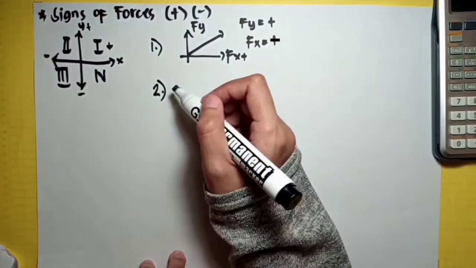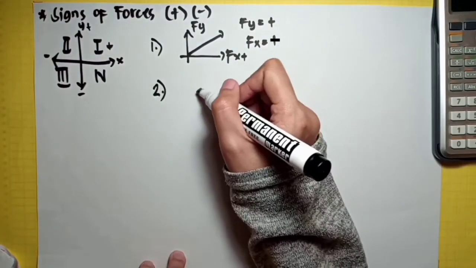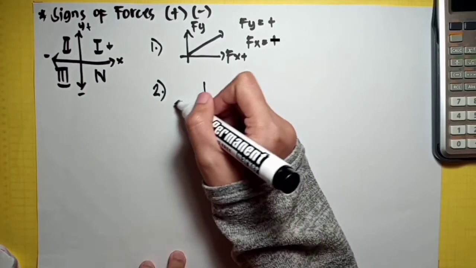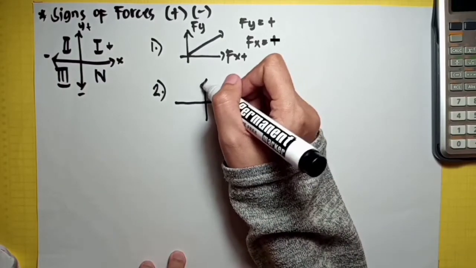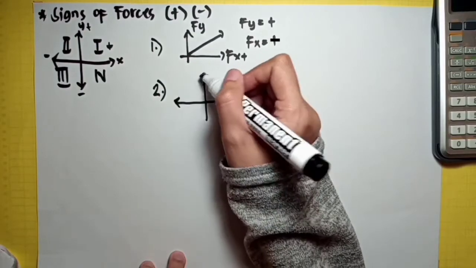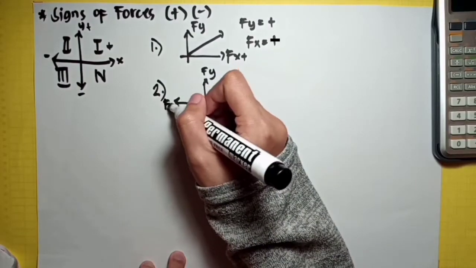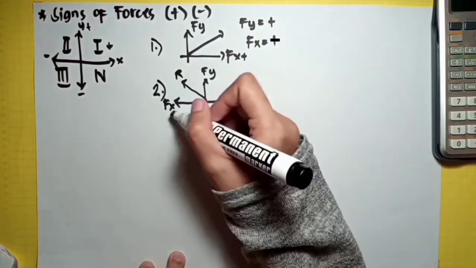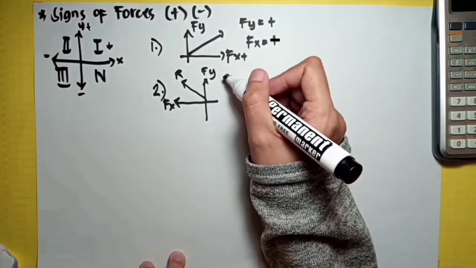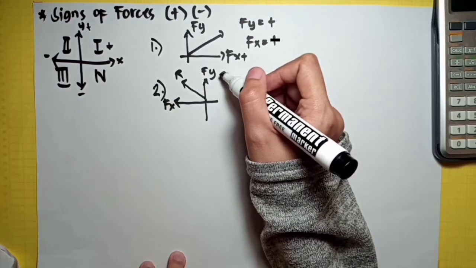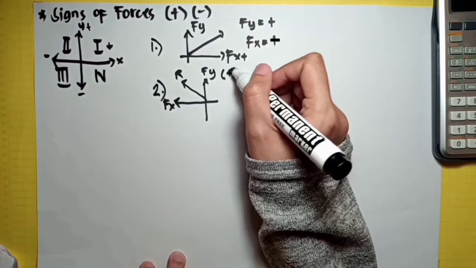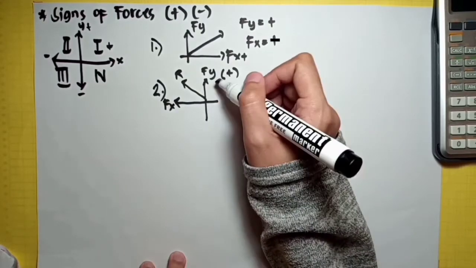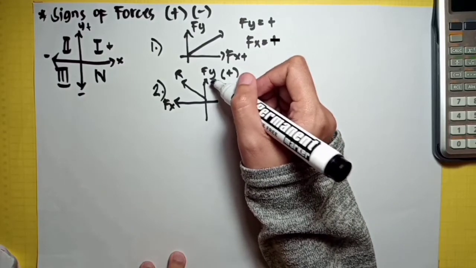So what if ang forces ay nasa quadrant 2? For example, ganito. Nandito yung f sub y, andito ang f sub x, and then may resultant, which is r. Kapag ganito ang position ng mga forces, ang f sub y ngayon ay magiging positive ulit, kasi nasa taas siya, which is the positive side ng y-axis.